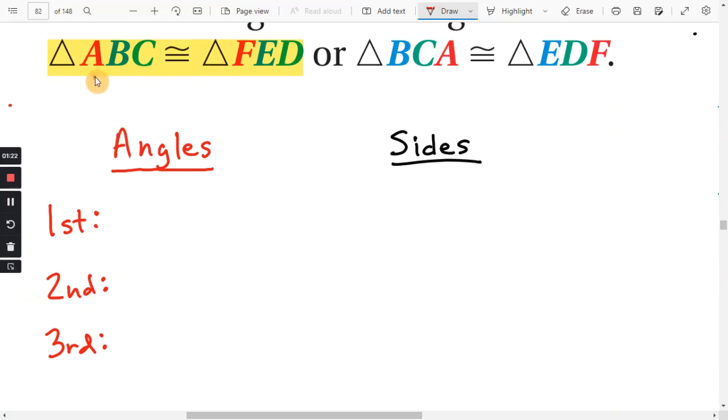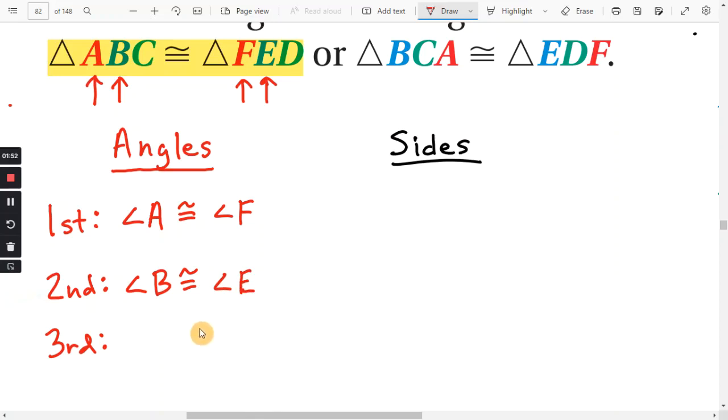If you look at the first letter, that's an A, and the first letter over here, that's an F. So that means angle A is going to match or be congruent to angle F. Then if you look at the second letter, we have a B and we have an E. That means angle B is going to be congruent to angle E. And finally, if you look at the third letters, we have a C and we have a D. That means angle C is going to be congruent to angle D. All right, so that's how you can tell which angles are congruent.